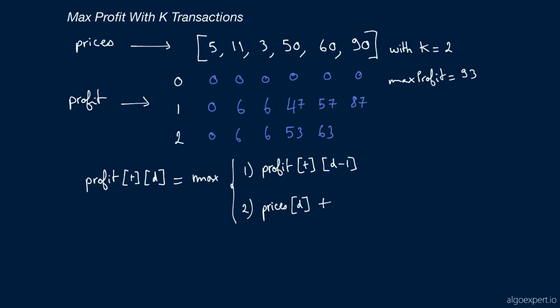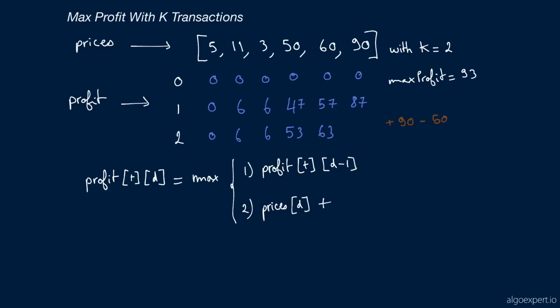Then if we bought the stock at $50, we would make, let's just write it here on the side, plus 90 minus 50, but that's not it. We would make 90 minus 50, but since we're at 2 transactions, we would have to look at what is the profit at 50 with one fewer transaction, with 1 transaction, and that turns out to be 47.